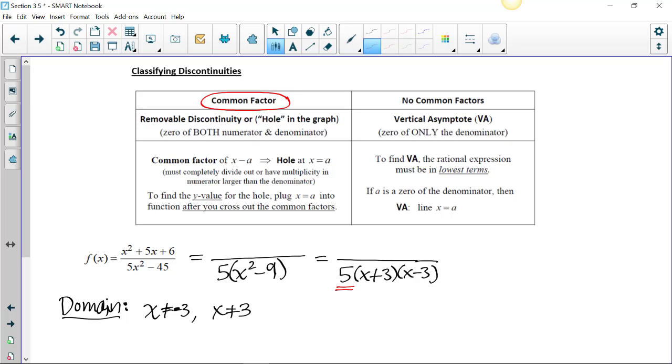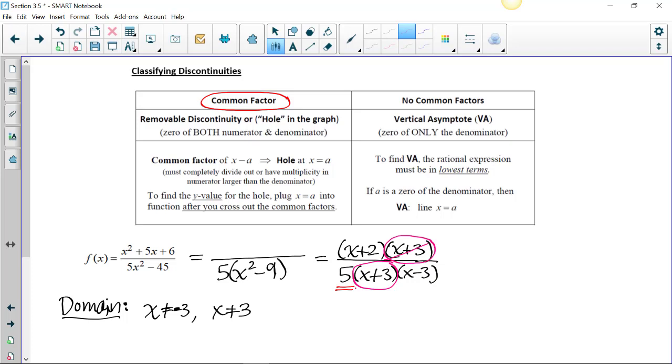Well, in the top, a nice little trinomial, no common factors, so I can go to this unfoiling method, or whatever you call it. So it's x plus 2, x plus 3. Okay, so now look what happens. I have a factor of x plus 3 in the numerator, a factor of x plus 3 in the denominator.